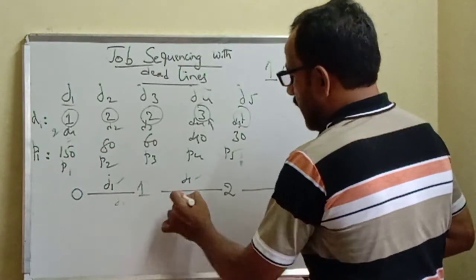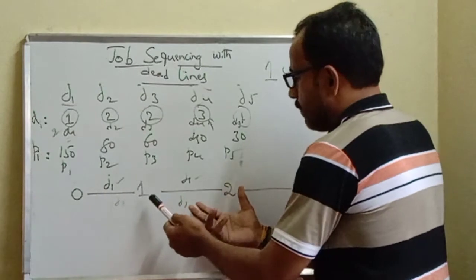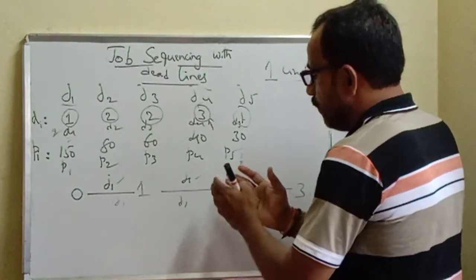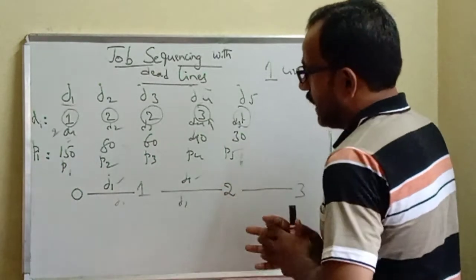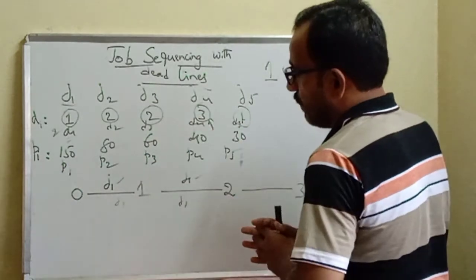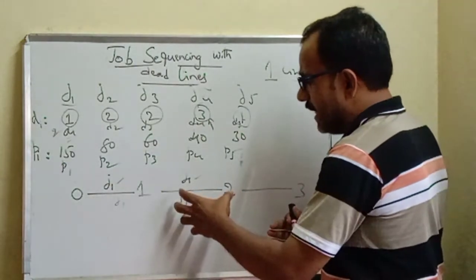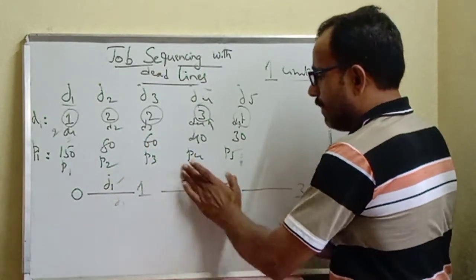Job 1 could go here or here, but it is better to execute that job at its last possible slot. Then it gives the chance to the next job if the next highest profit job has a deadline of 1 unit. So it is better to execute the given job at its worst case slot or maximum slot.